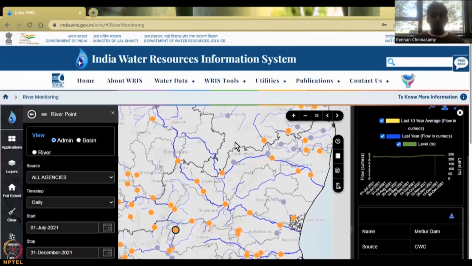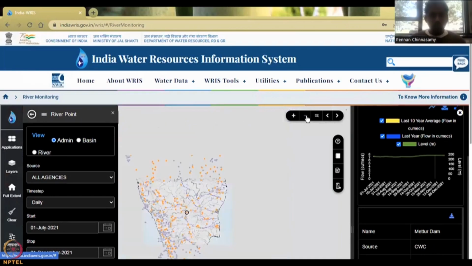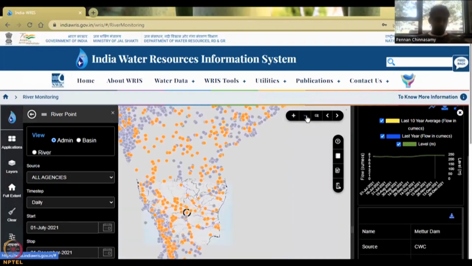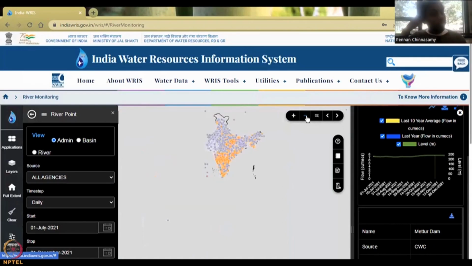Okay, so I'm just going to go up, zoom out. Once you zoom out to the India scale, you will be seeing the other data for this time period. You will see the color of these gray dots, which means that there is no data, starts to convert into blue and orange. You need to see orange.